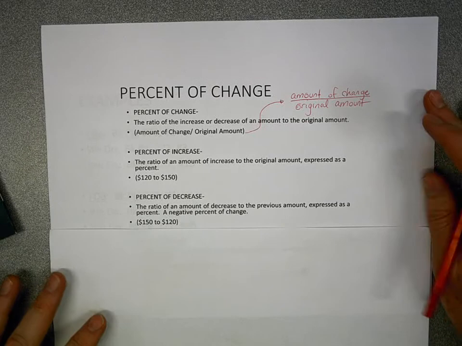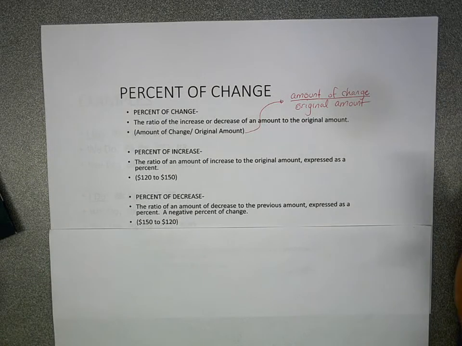Okay, and we do have one more. I just gave you an example of a percent of change. However, this one, let's say you go to a restaurant, you sit down, you eat, and you're trying to calculate in your mind as quickly as possible what the price of the bill is.